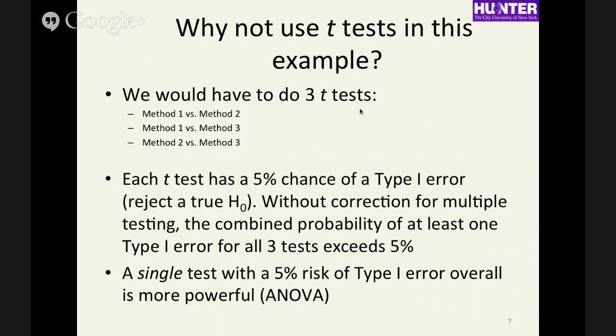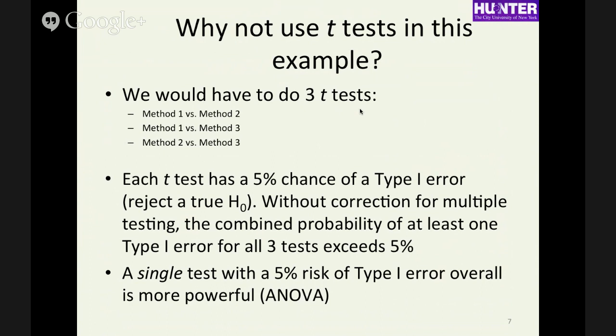And so if you keep on doing it, your chances of making one type 1 error are going to increase. Right? By the time you do 3, your chances of making one type 1 error is going to be something greater. We could calculate it even using stuff that you learned in lecture 2 or 3.